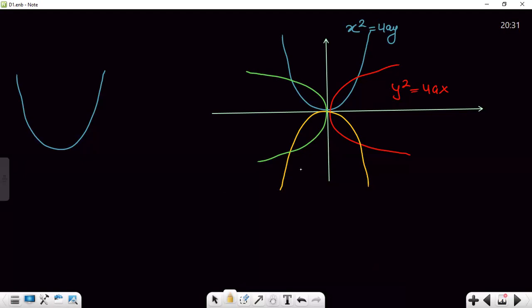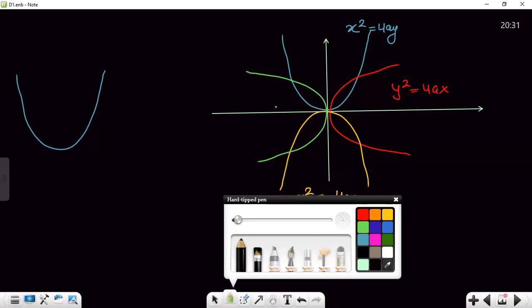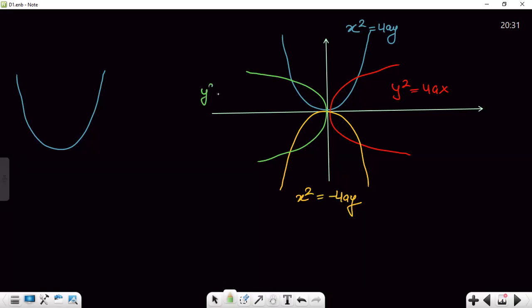So x square is equal to minus 4ay. In the green one, we can see that x is always negative here. So y square is equal to minus 4ax.